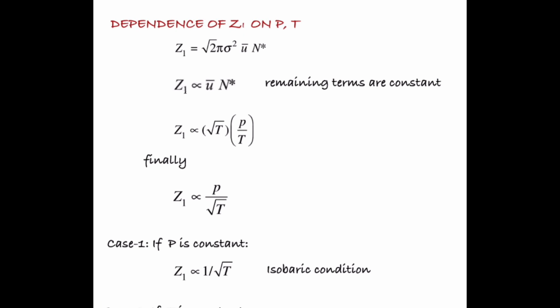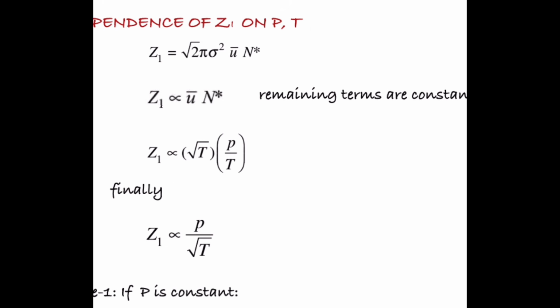Now let us see how this collision number depends on pressure and temperature. Just now we discussed the expression for collision number, Z1, equal to volume of collision cylinder into the effective number of molecules, that is the number of molecules present per unit volume.